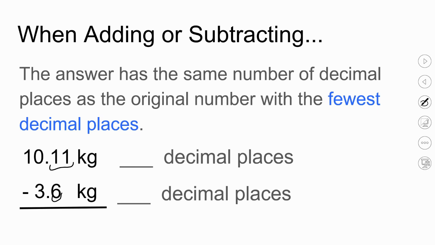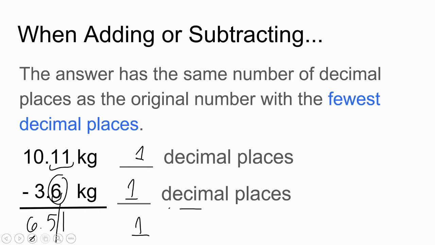So I'm going to do this on my calculator. You can do it in your head, then that's awesome. So 10.11 minus 3.6. And the answer from my calculator says 6.51, but I can only have 1 decimal place at the end because this one has 1 decimal place. So I'm going to round to 1 decimal place.